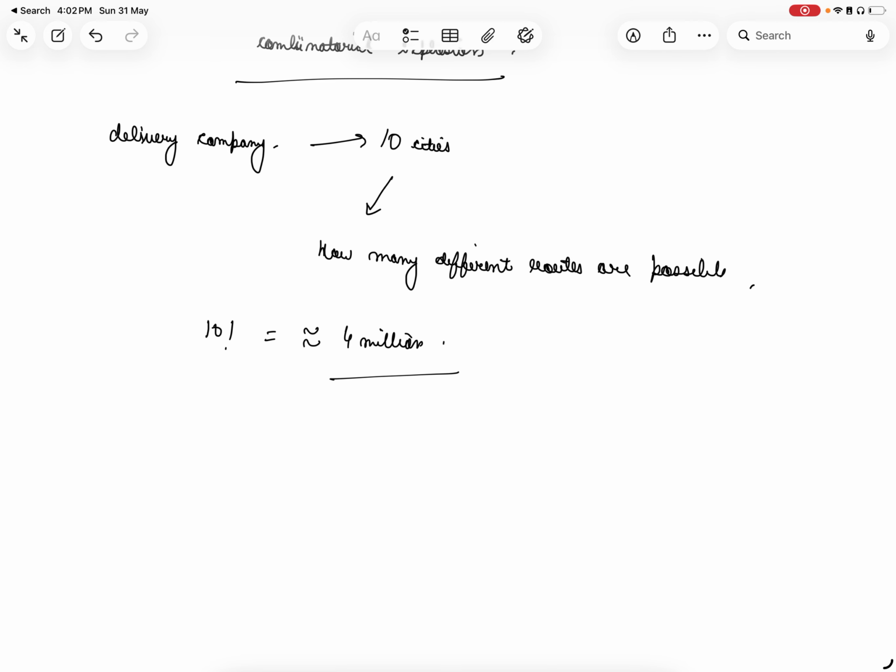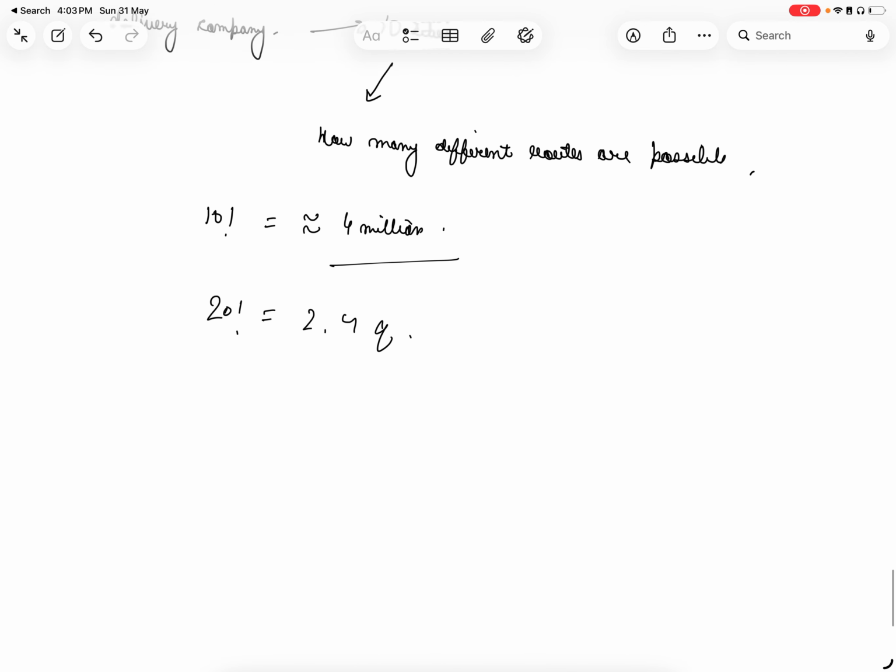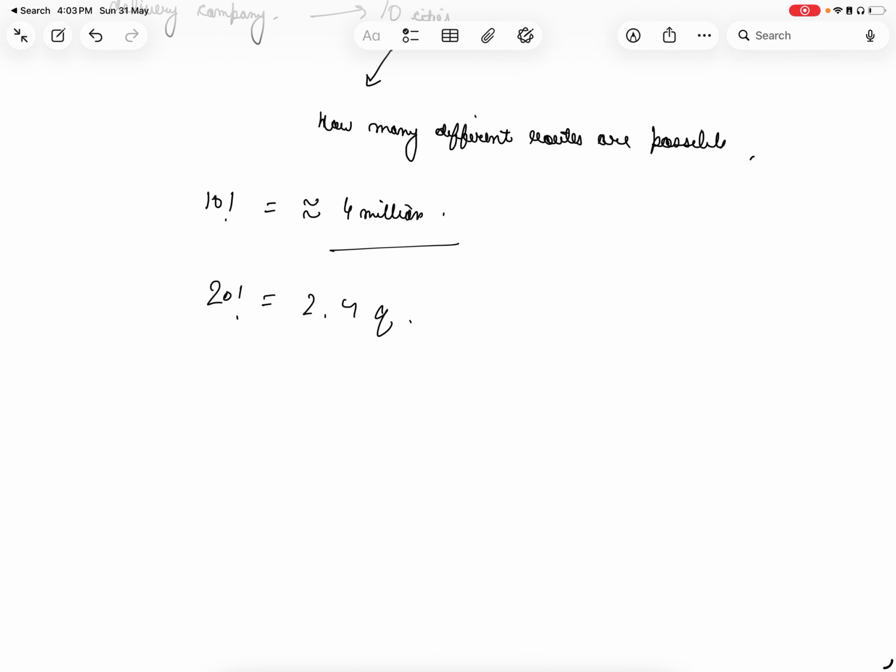What about 20 cities? Much more. 2.4 quintillion. So even if your computer is capable of checking 1 billion routes per second, even then it will take 77 years to check all of them.